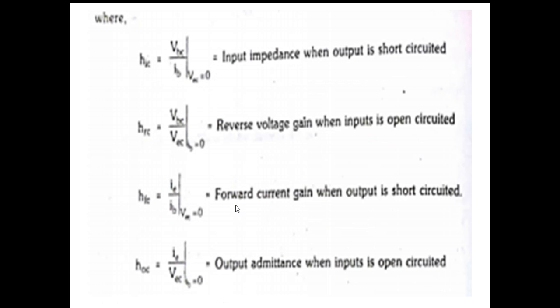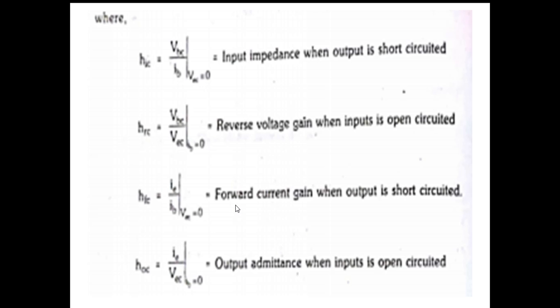From this, the hybrid parameters are defined. HIC, where HI is the input impedance of the common collector configuration when output is short circuited, meaning output voltage is zero. When output voltage is zero, HIC is equal to VBC by IB, where VBC is the input voltage and IB is the input current. The ratio of voltage to current is nothing but resistance or impedance.